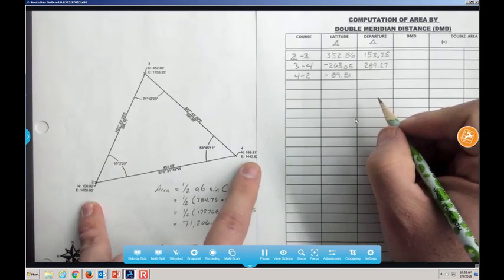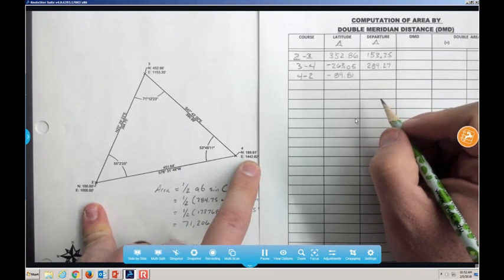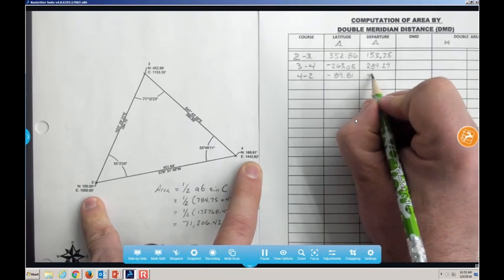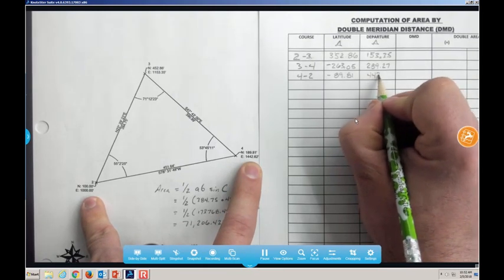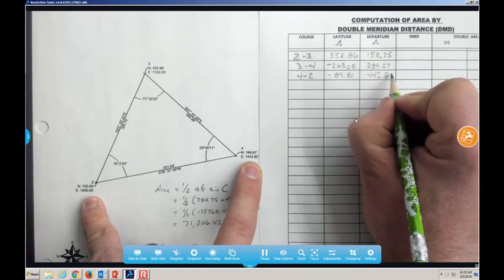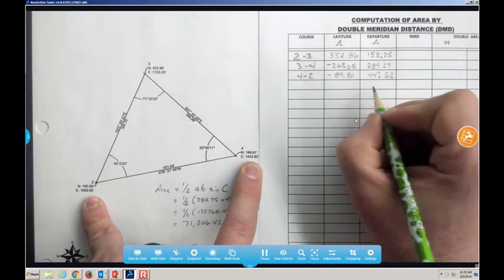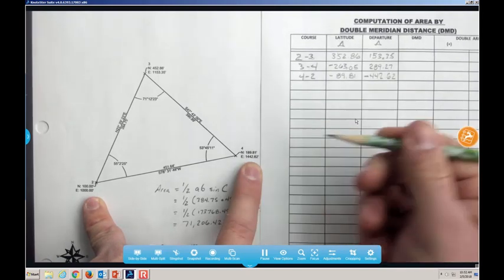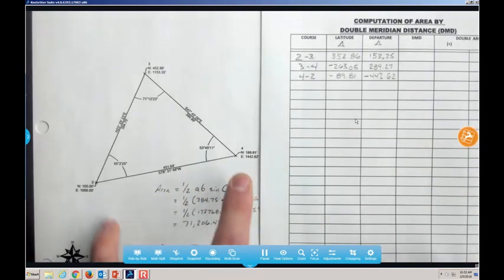The change in departure is a pretty easy one too. It's 1442.62 minus 1000, so it'll be 442.62. Sorry, I said 82. We're heading in a negative direction there too, right? We're going west.